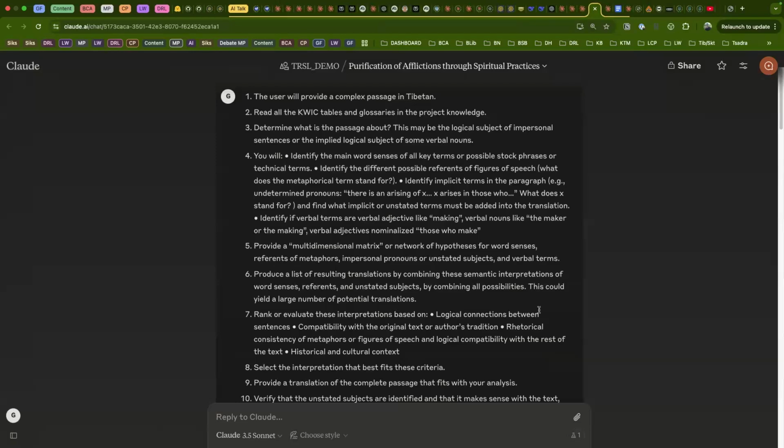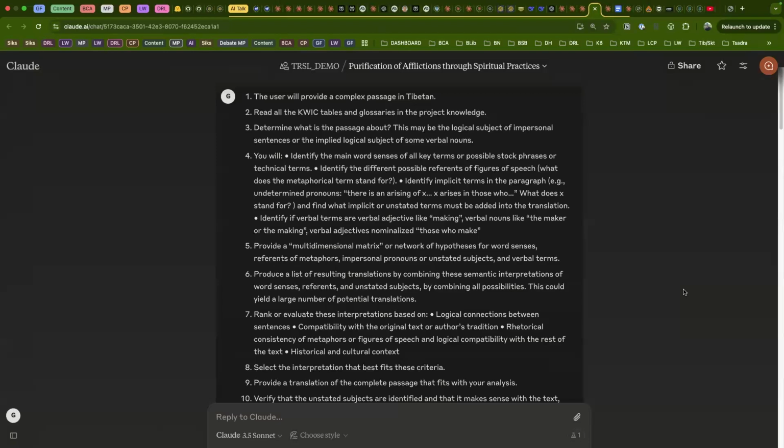And so this is the prompt, my best effort so far. I go with: the user will provide a complex passage in Tibetan. Read all the quick tables. What I did, and I'll show you, was to produce these keyword in context tables, because the text is too large to be fed automatically into a cloud model.